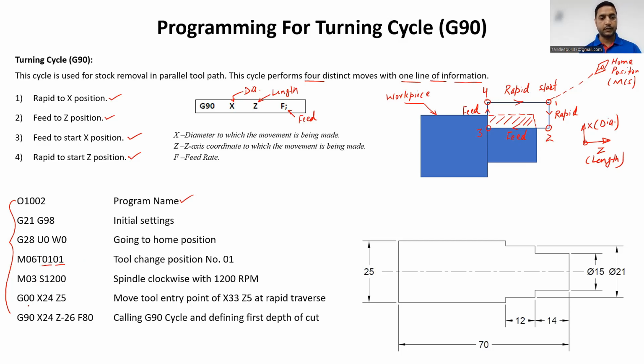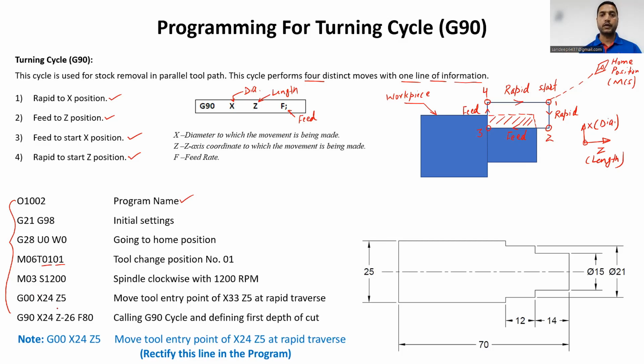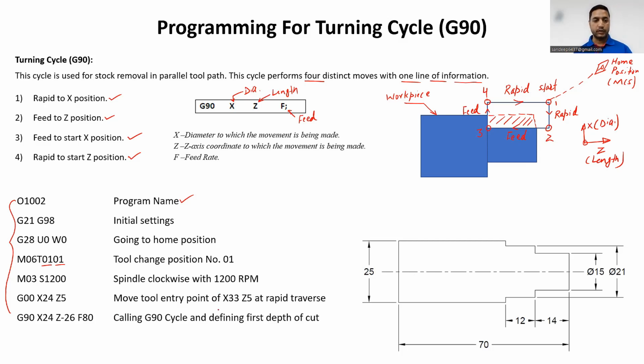After that, we have G00 X24 Z5, meaning we are moving the cutting tool from the home position to this particular location X24 Z5. So this is the entry point. Let me draw this location for you. Initially our cutting tool will be at its home position.